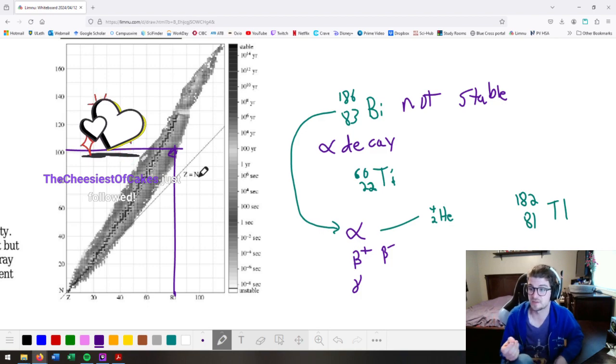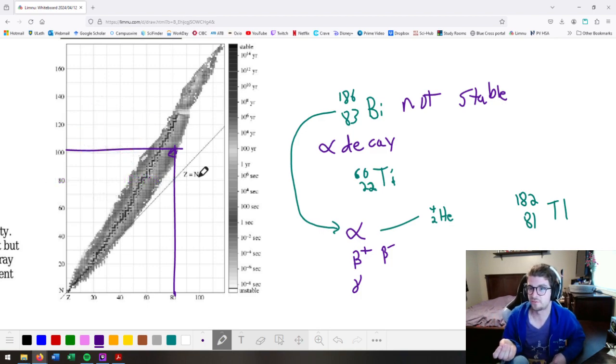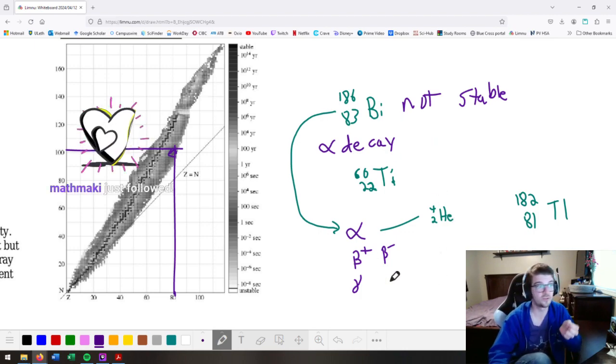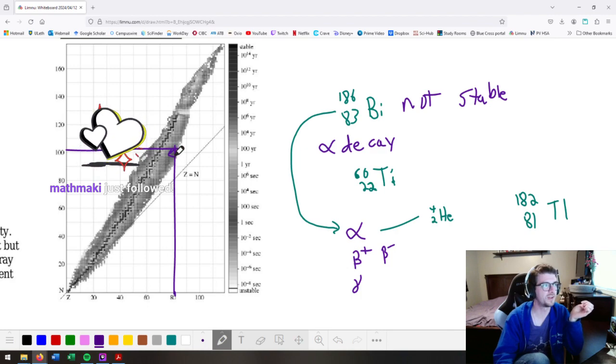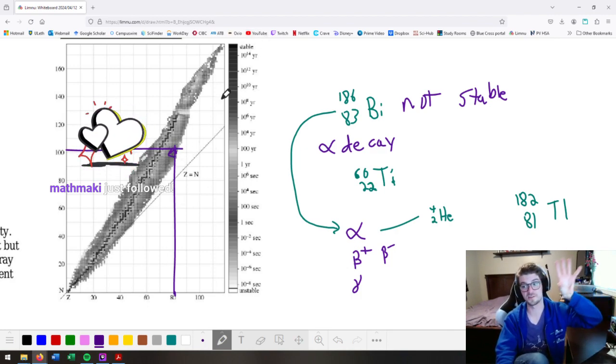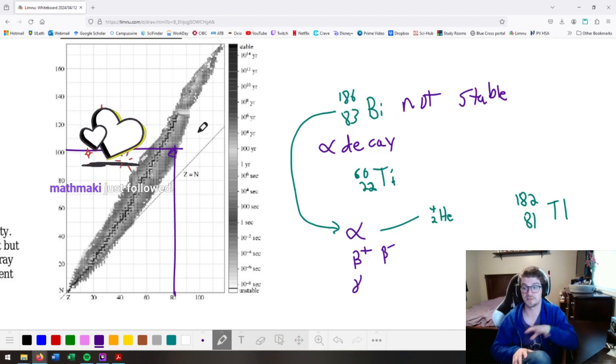It's not necessary that this decay produces a stable isotope, because this could be one step in a series of radioactive decays, and so that may draw it closer to the band of stability until you reach a stable isotope.